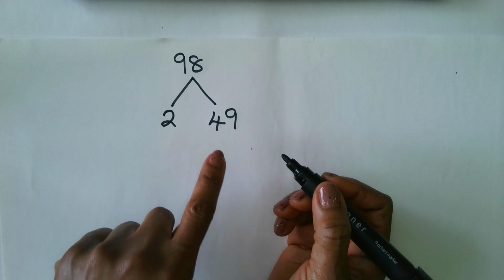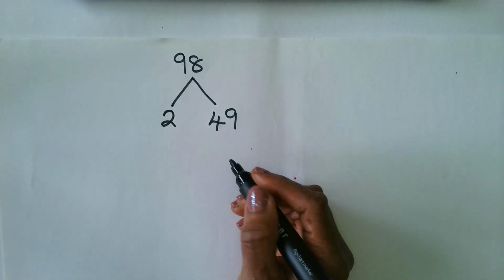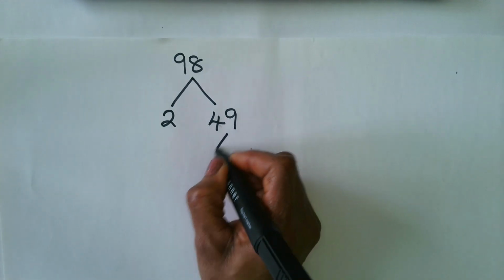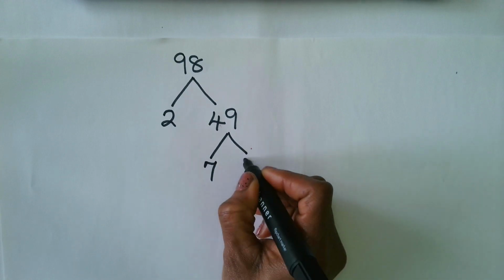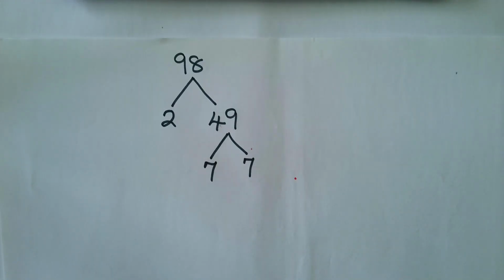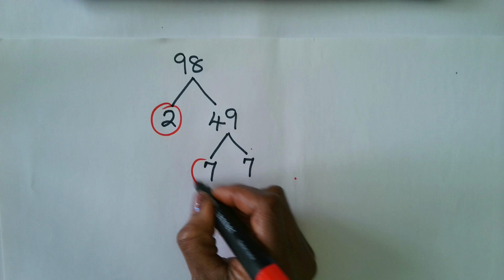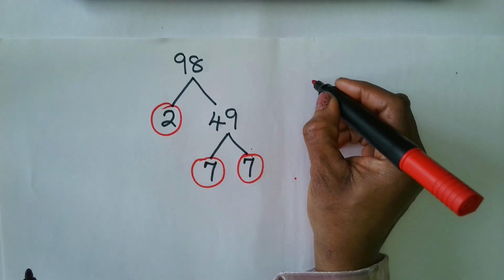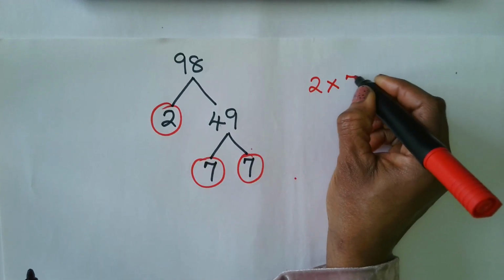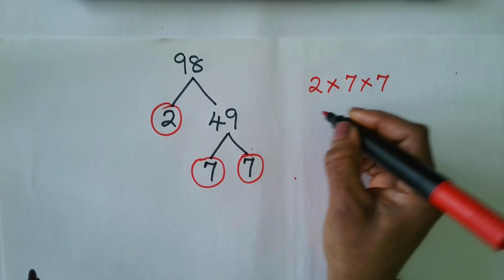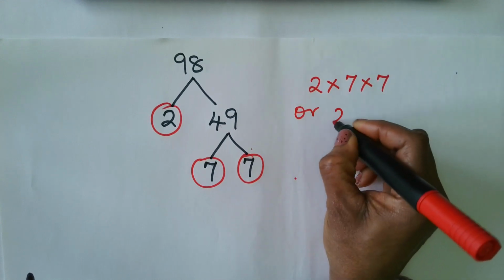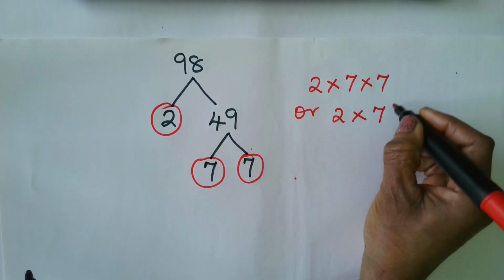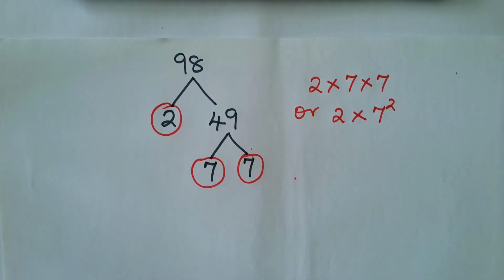We're not going to use 2 again because 49 is not divisible by 2. So we're going to use 7 and 7. So our answer is going to be 2 times 7 times another 7, or you can say 2 times 7 to the power of 2. So when you do this in the exam, you're going to get your 2 marks.